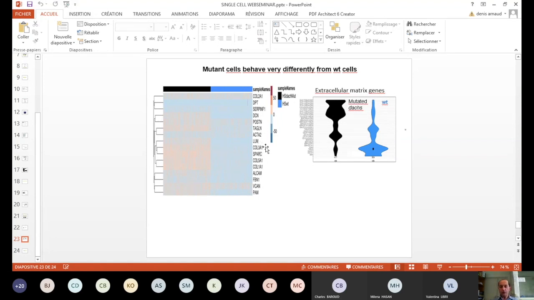You see a lot of collagens, laminin, periostin, decorin, for example. And you see that these genes are clearly enriched in the mutated populations compared to the wild type cell populations. And again, if you put many of the genes in the violin plot, you see that many of the genes are expressed in the mutated cells, and they are much less expressed in the wild type cells.